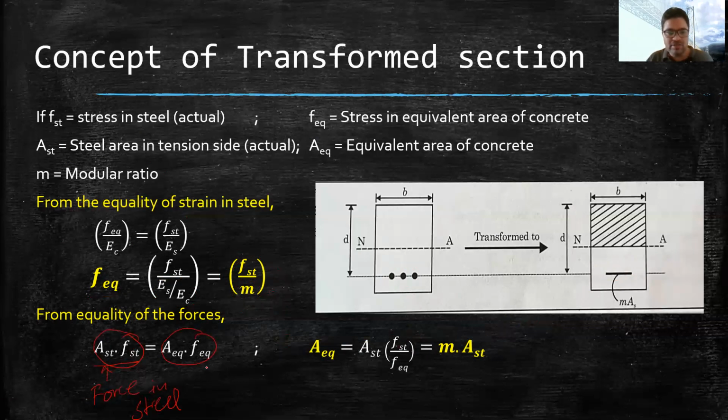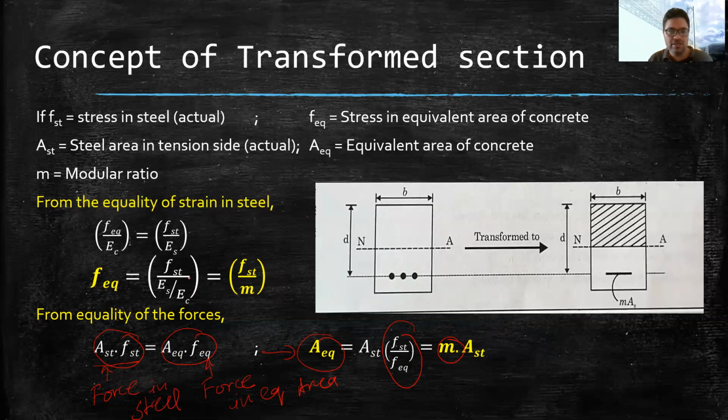And this one will be the force in equivalent area. So both are same. By using this relationship, we can say that equivalent area will be calculated as AST multiplied by FST by FEQ, and we know that FST by FEQ is M. Here we can calculate this FST by FEQ by this relationship.